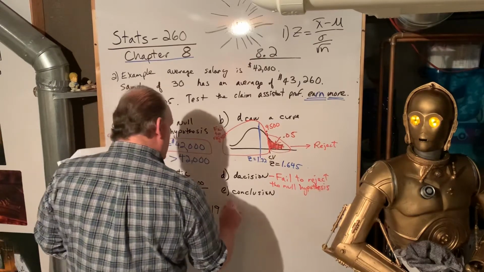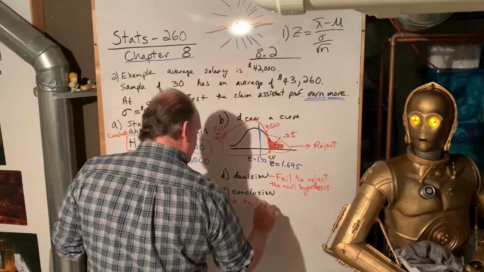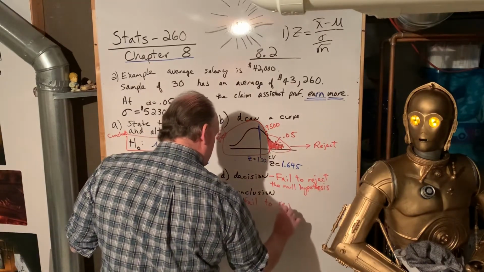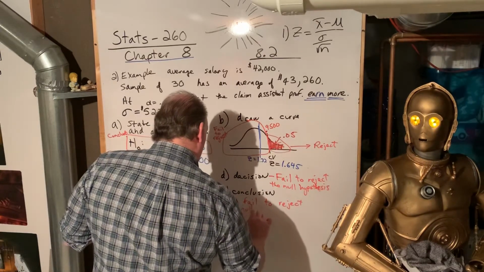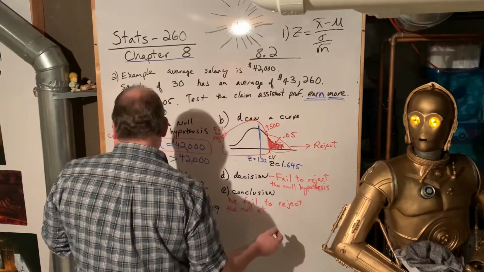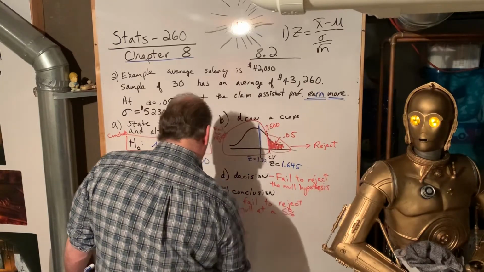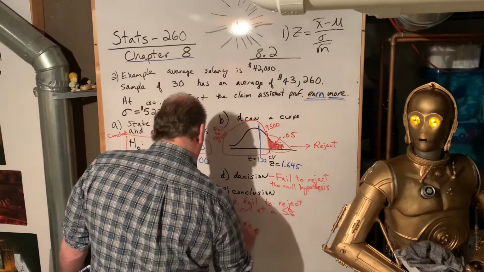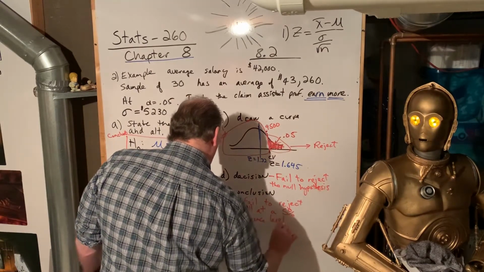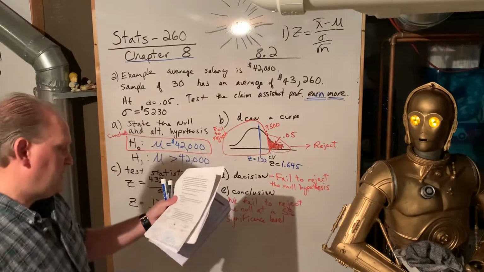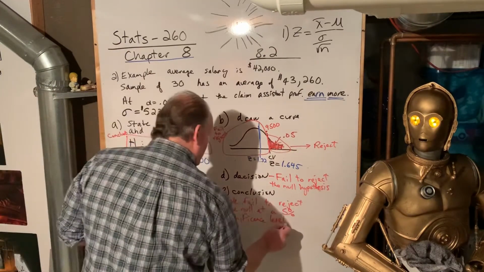We failed to reject the null at a 5% significance level. And so we conclude the average salary for assistant professors is $42,000.